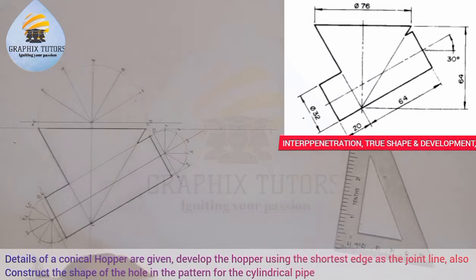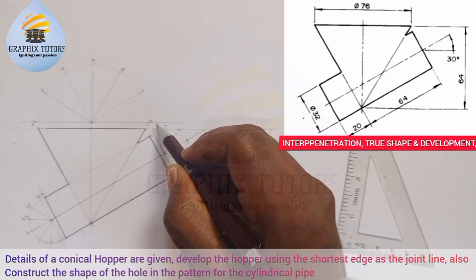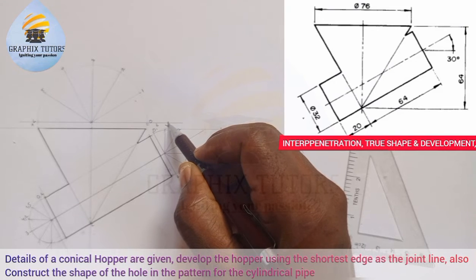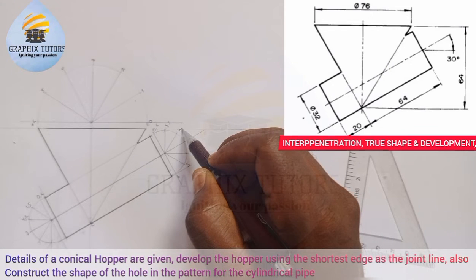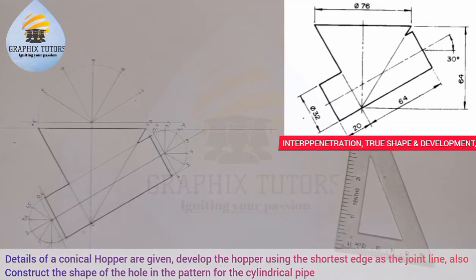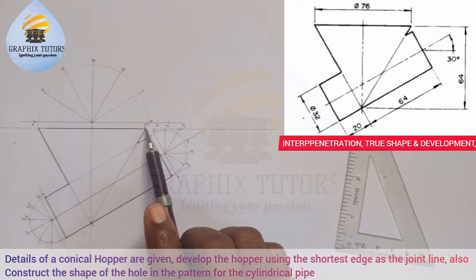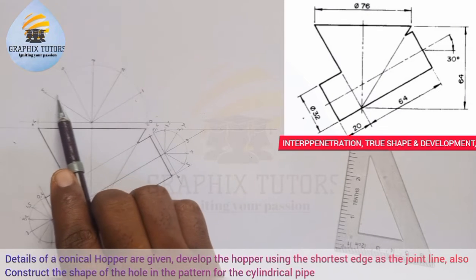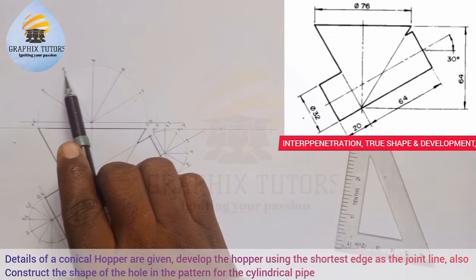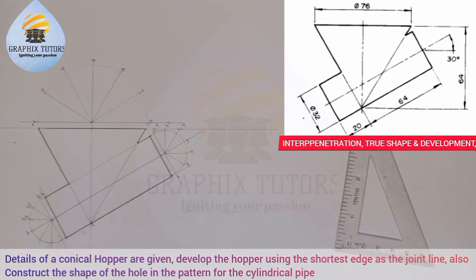Here can also be 0, 6, 1, 5, 2, 4, then 3. Why I'm doing that is 0 and 6 are on the same line, 1 and 5 are on the same line, 4 and 2 are on the same line, then 3. So this is the reason I'm doing that.